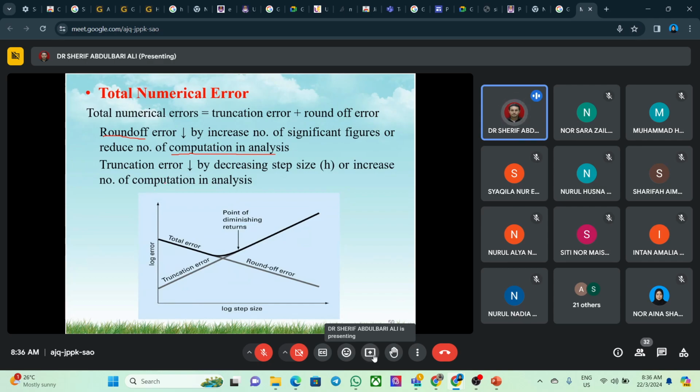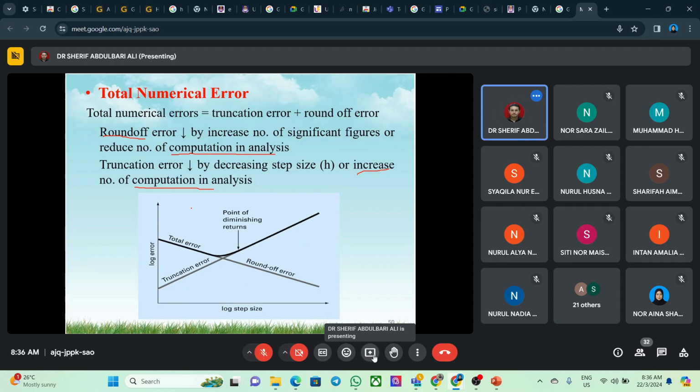But if you increase the computations, the round-off error will increase. So round-off error and truncation error contradict each other, so you are not going to be able to reduce both of them at the same time.